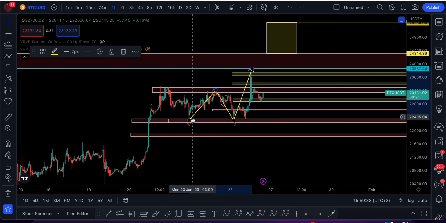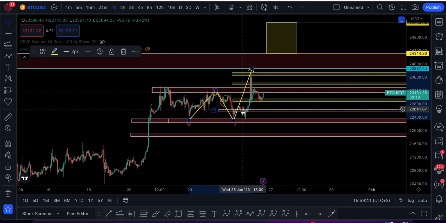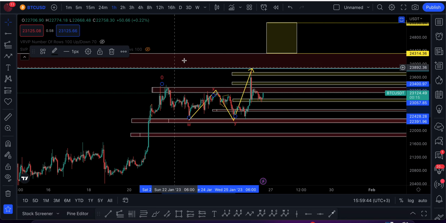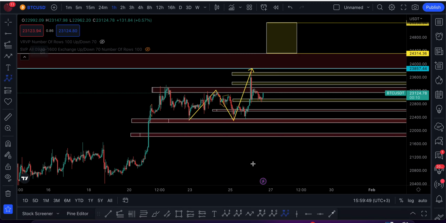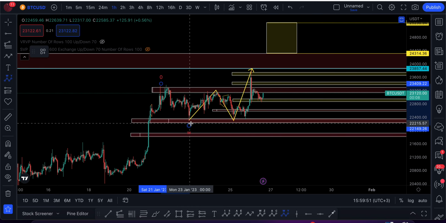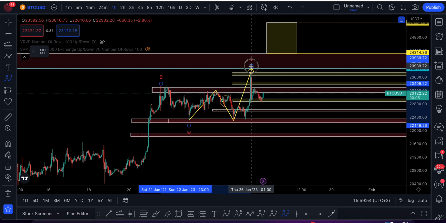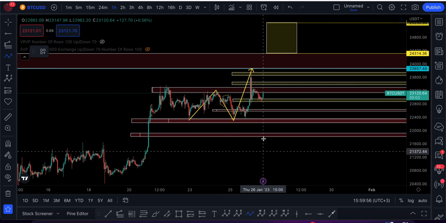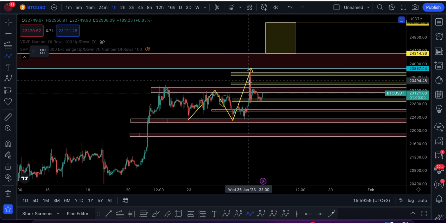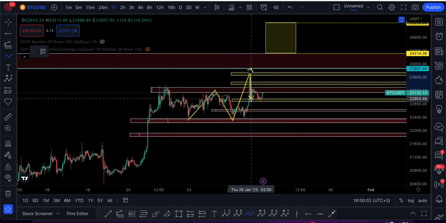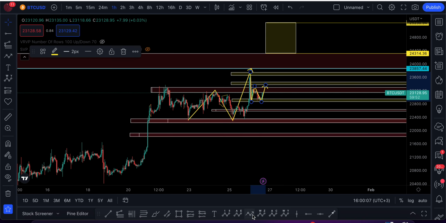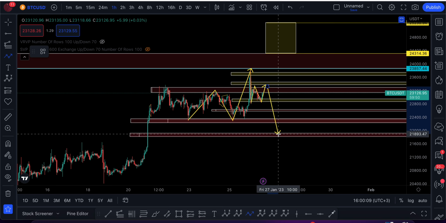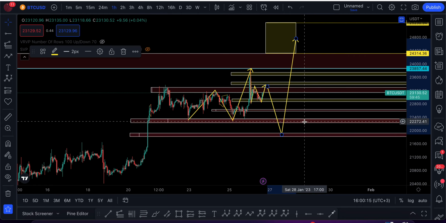So we could have just made these three wave move to the upside, which could in turn, let me just delete this, be our W. This whole structure, the three wave move to the upside, can be X, and we can expect from this move to the downside that we had a three wave structure like that, and from there we would push down to create a new Y, and only from there pump to the upside.